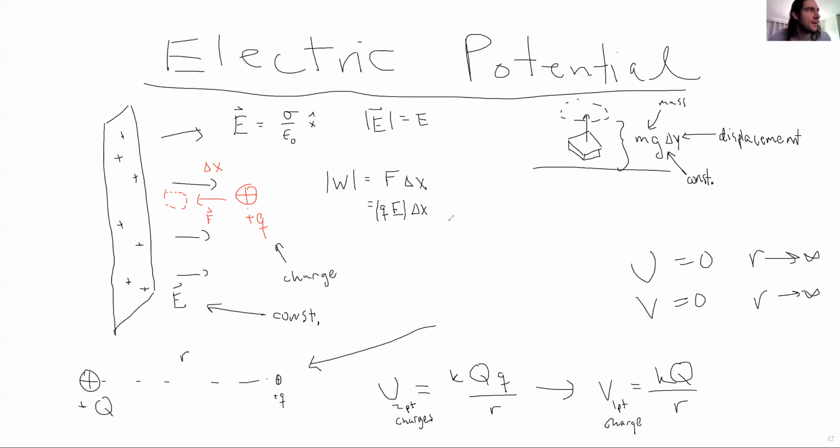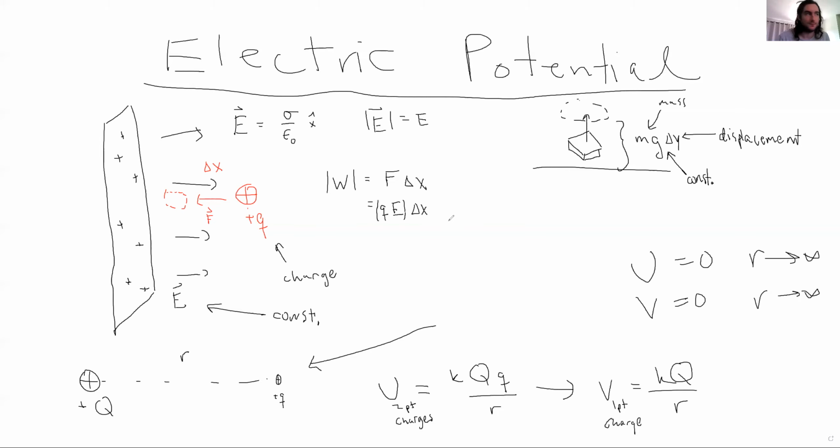My displacement delta x there is like my displacement delta y from the gravitational case. My force in the gravitational case is mg. My force in the electric case is QE. Very similar.